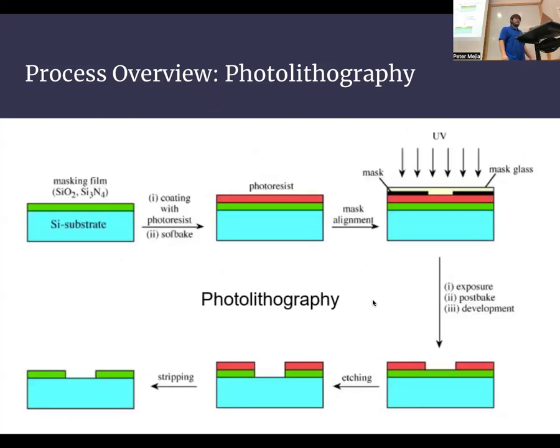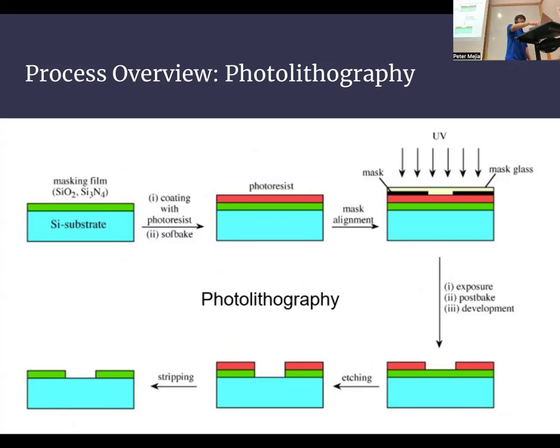So this is kind of a general idea of why we're doing photolithography. In this case, we're not going to be making the Si3N4, we're going to be making the silicon dioxide. So we have the silicon substrate, and you have the green oxide. You put the photoresist on, and then you expose it to the UV light.